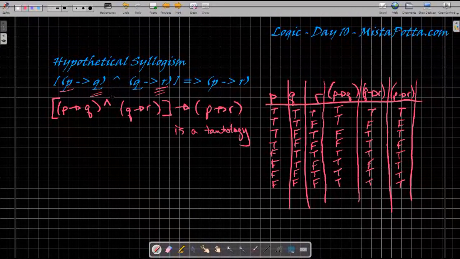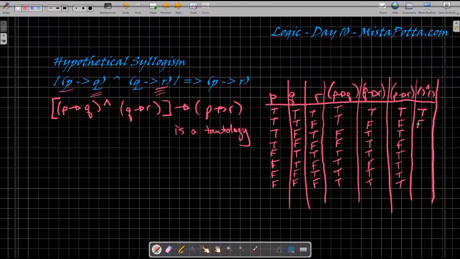I need to do the conjunction of these 2 parentheses. So I've got the first parentheses conjunction, the second parentheses. And so I'm comparing the 4th column and 5th column. Only true when both statements are true. So 2nd, 3rd, 4th, and 6th rows are not.